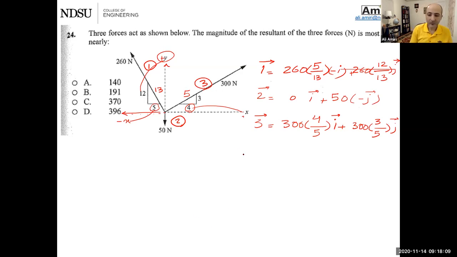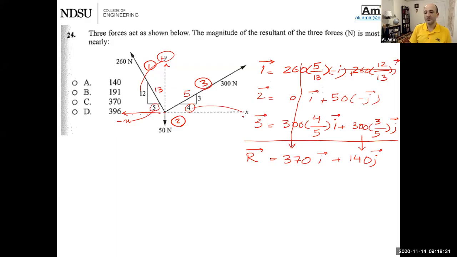If you do the math, all of these you need to add together, which will be 370 i. If you add all the j's together, it is going to be 140 j. This will be my resultant vector.